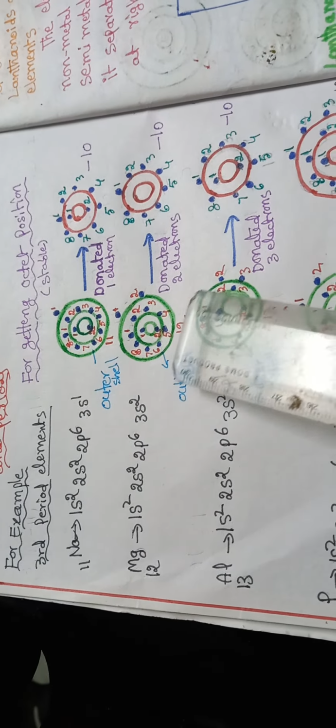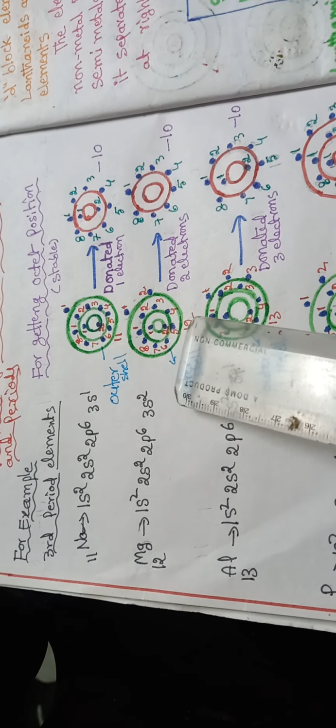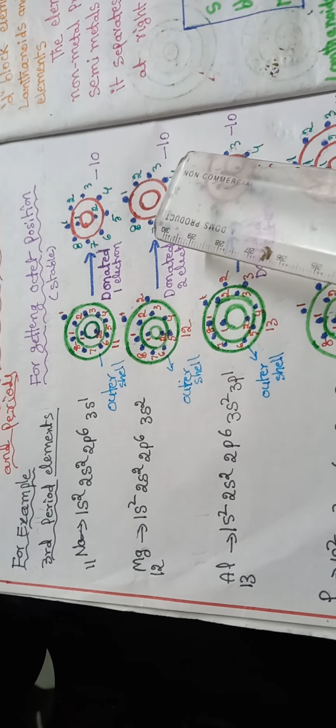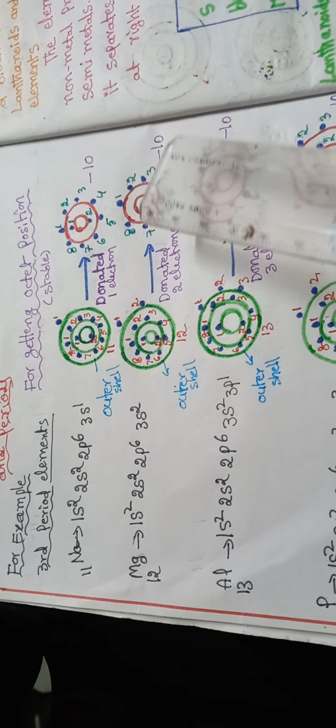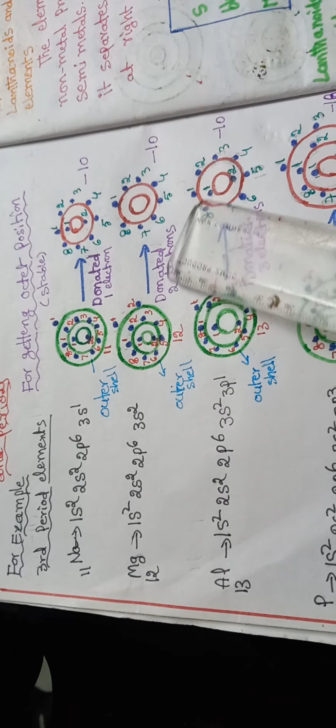First, magnesium has 12 electrons. When it donates 2 electrons, the remaining electrons are 10. So the outer shell contains 8 electrons, and this atom gets the octet position and stability also.